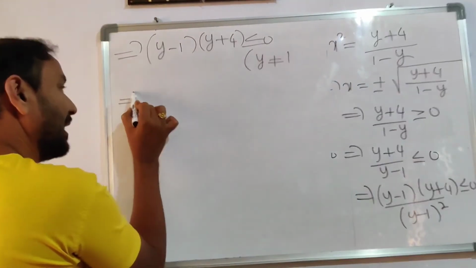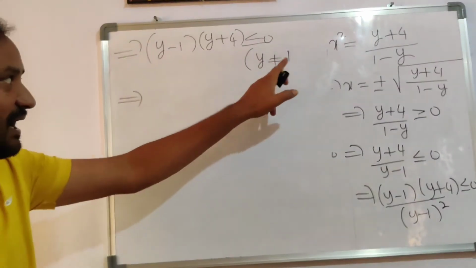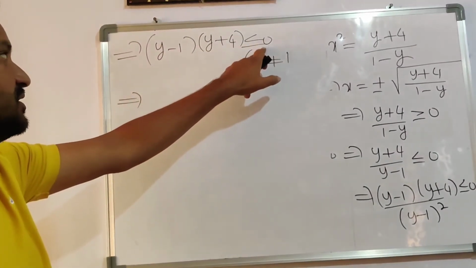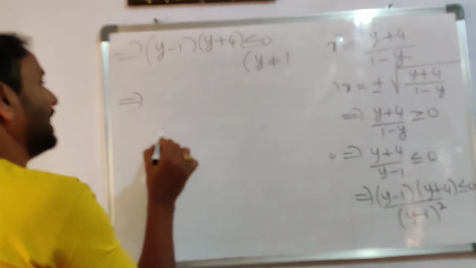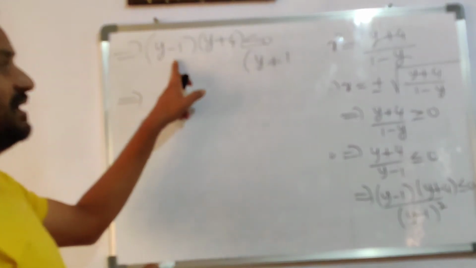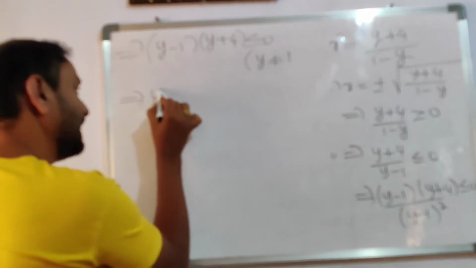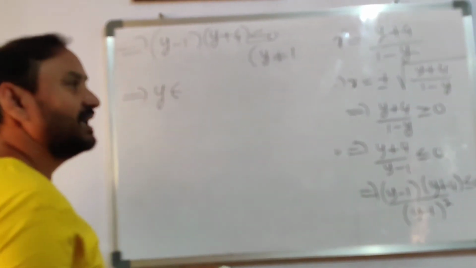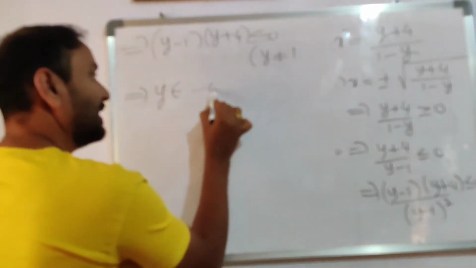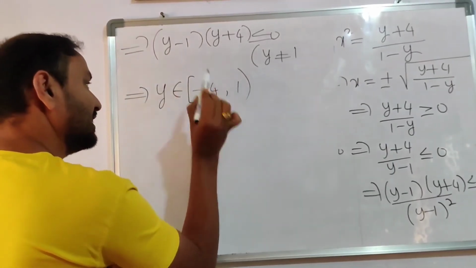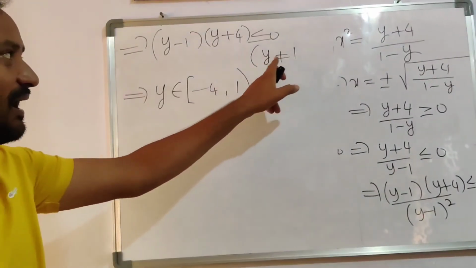That implies y ≠ 1 and (y − 1)(y + 4) ≤ 0, which means an open interval at 1 and a closed interval at −4. That means y belongs to [−4, 1), closed at −4 and open at 1, because y ≠ 1.